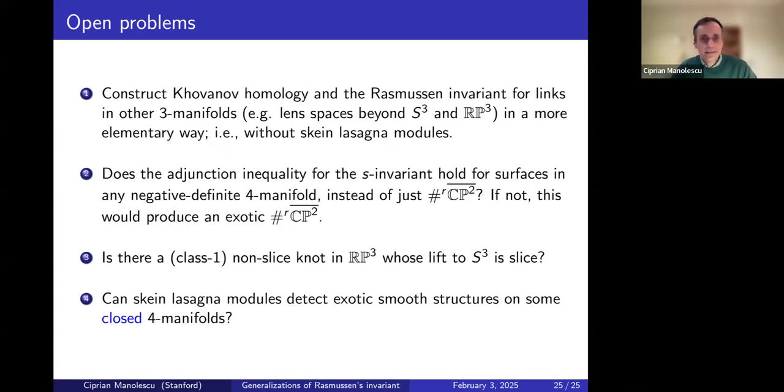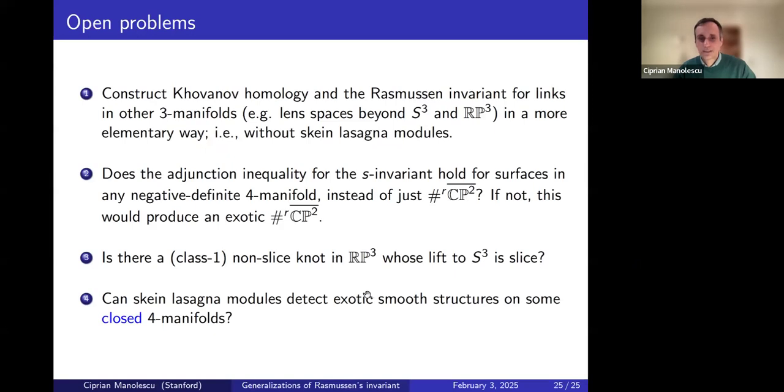Okay, what else? In RP3, we had this example of knots that are not concordant, but when you lift them to S3, they become concordant. Interestingly, we don't have examples of knots that are not slice, but when you lift them, they become slice.